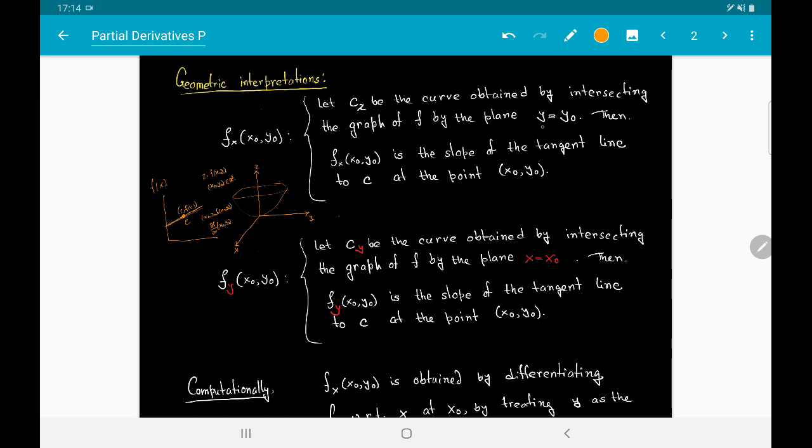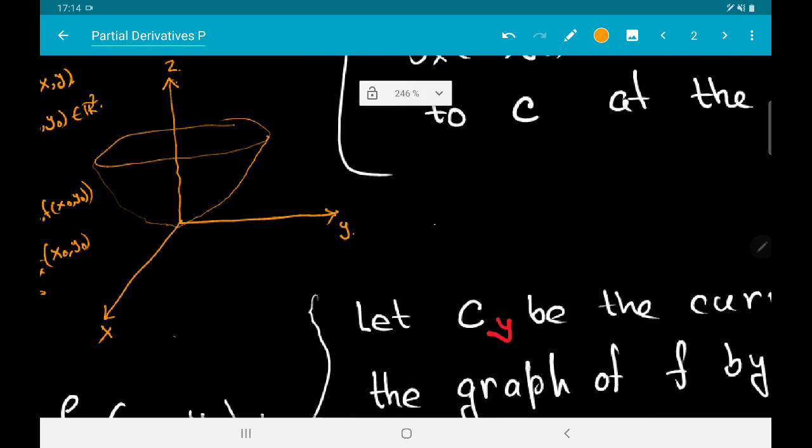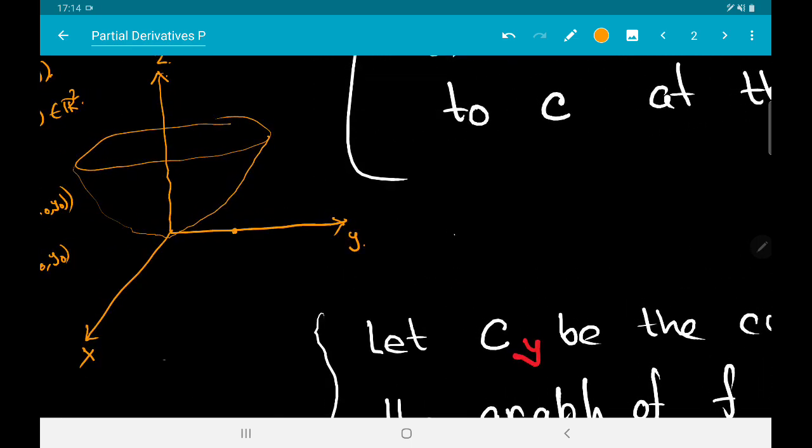We are going to take a plane y equal to y0, which cuts the graph of the function into a curve. So how should y equal to y0 look like? Suppose that this is our point y0. We should take a plane which passes through this, and this cuts our picture into a graph.